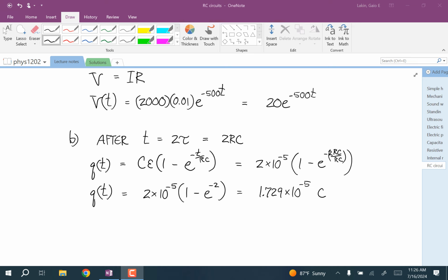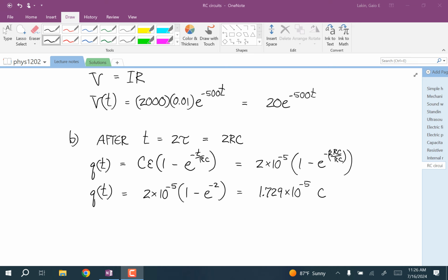Pretty close, but not all the way there yet. It'll never get exactly there, but it'll get very close if you let it run for 4 times the time constant or whatever. The time constant for this circuit is very small, so it doesn't take very long to get close enough that you can basically treat it like it's fully charged.